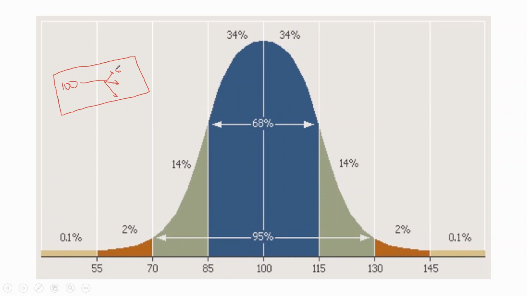First is from 5 to 5.5. Second is 5.5 to 6, and third is 6 and above. What you will see is that around 68% of people will lie in this group, around 95% will lie in this group, and very few, around 2% of people, will lie in this group.